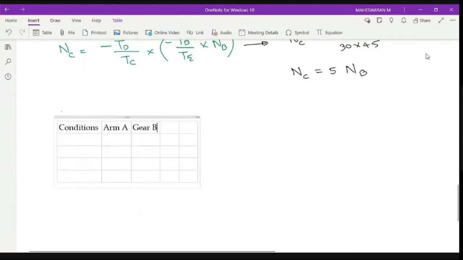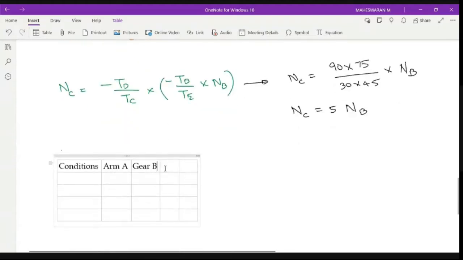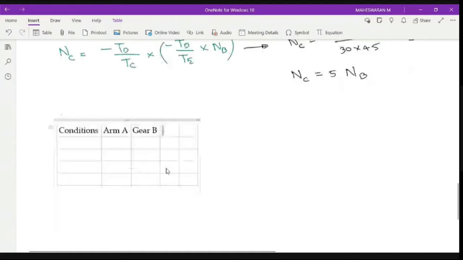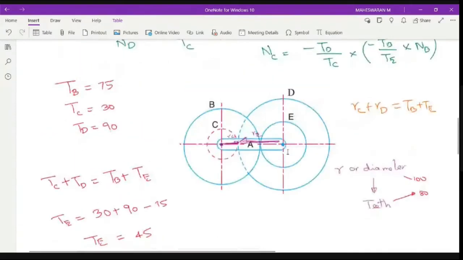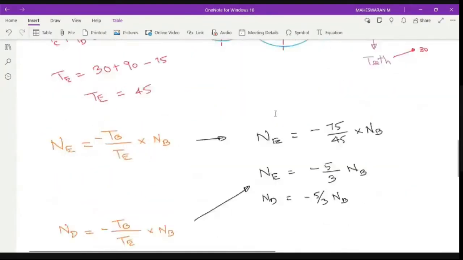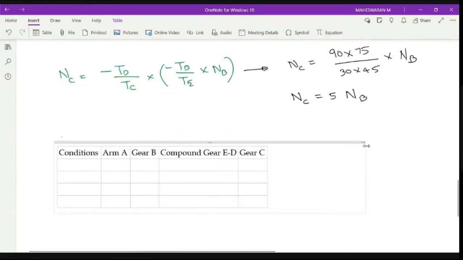Because we made the formula related to NB, after the arm you should have gear B. Next, we have a compound gear, the compound gear E and D. And then you have gear C. So these are the data we have related to these terms.